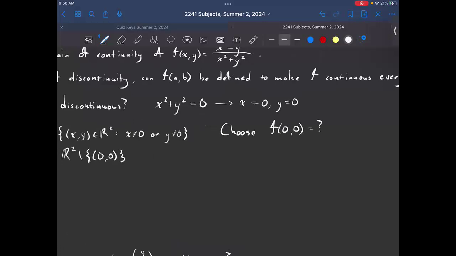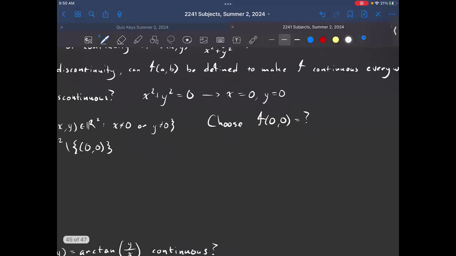Well, now I need to know what the limit as x, y goes to 0, 0 of f of x, y is. So if there is a limit, then I can define f to be that value, and that will make things continuous because I just forced the value to be exactly what it should be.